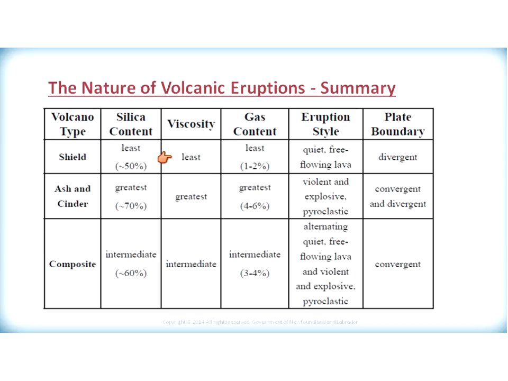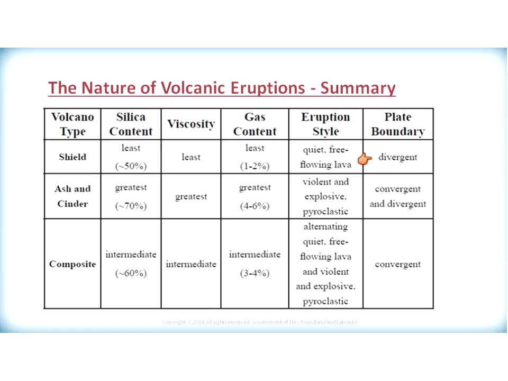They are very fluid magmas, and they also have the least amount of gases. Because of the low viscosity and the low amount of gases, they generally erupt in a quiet, free-flowing lava, and their predominant eruption style is found at divergent boundaries. So shield volcanoes are predominant at divergent boundaries.